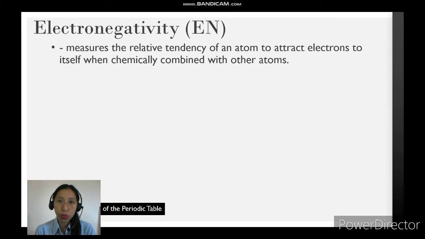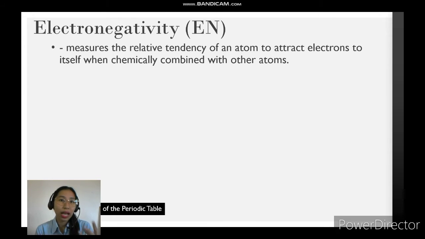So, we already know what a molecule is. A molecule is composed of different atoms bonded chemically. Now, once these atoms combine, the individual atoms have a property that we call electronegativity.